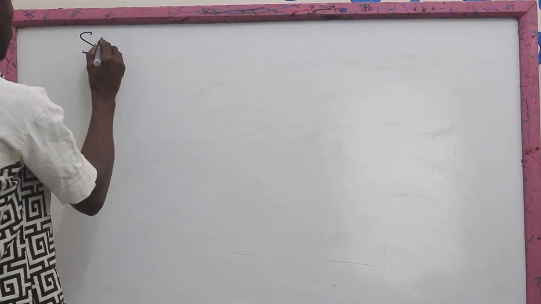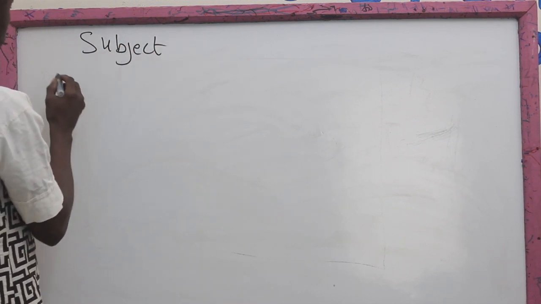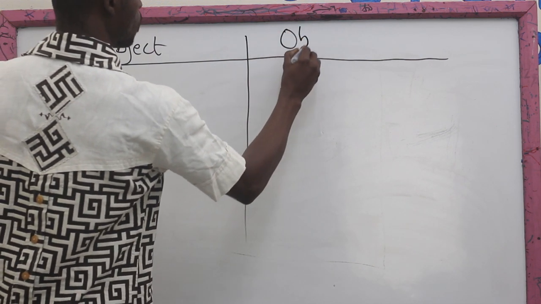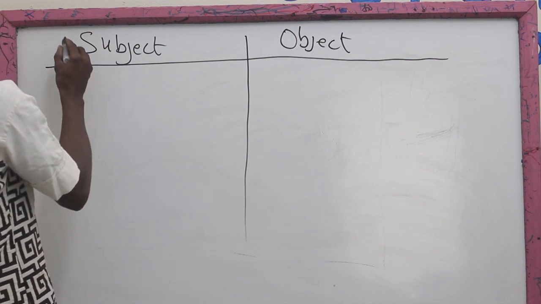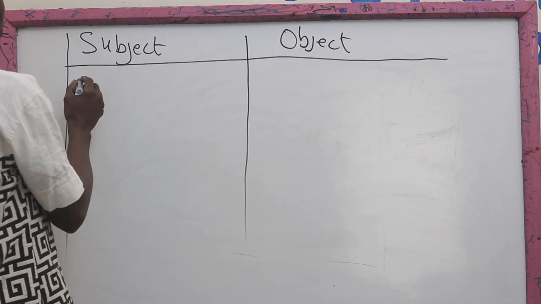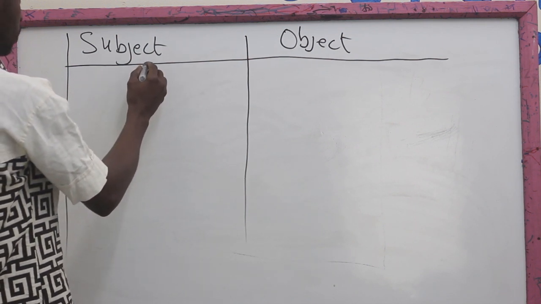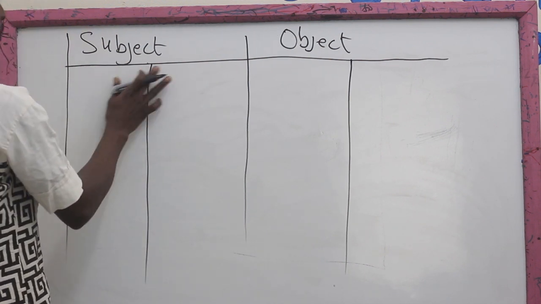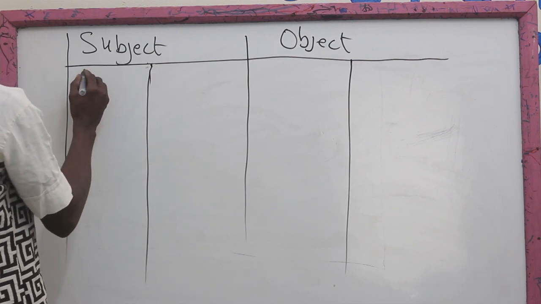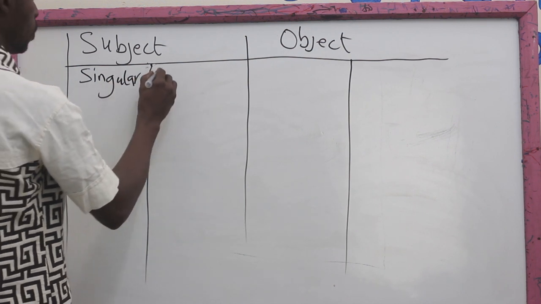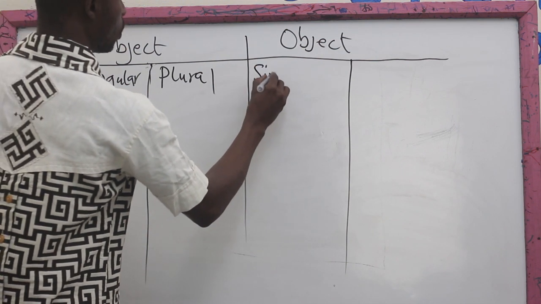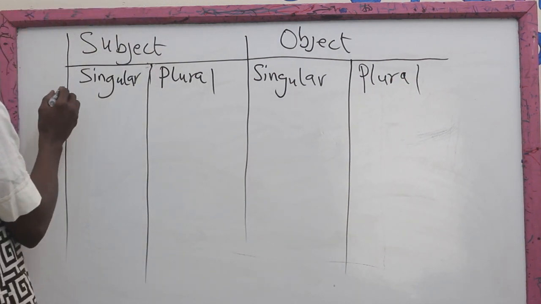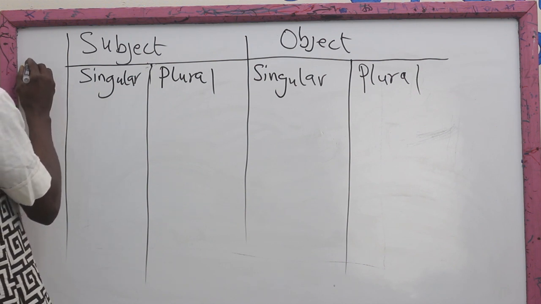This is subject. This is object. So we have subject, okay. We have person.